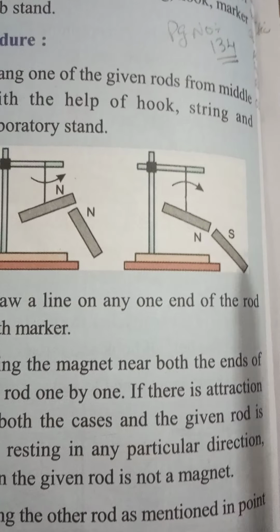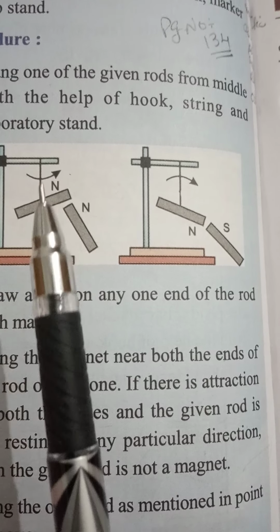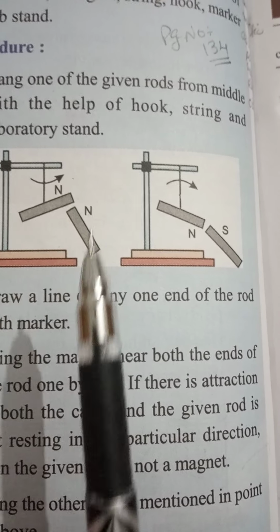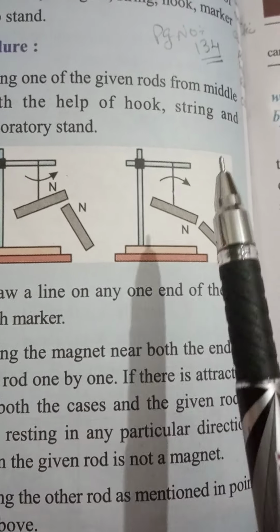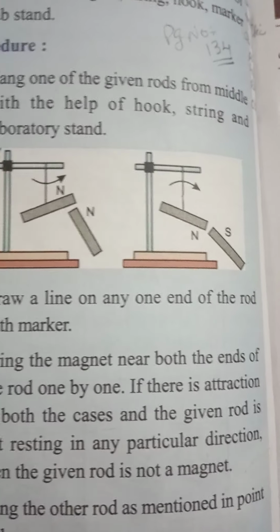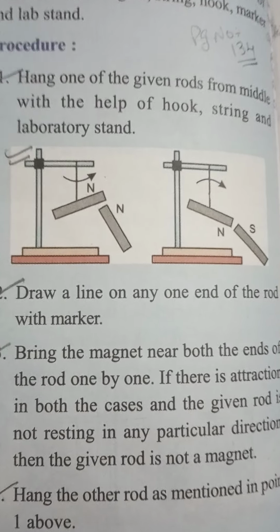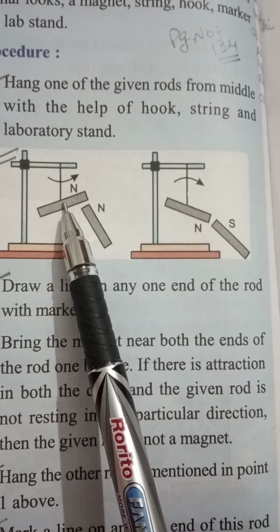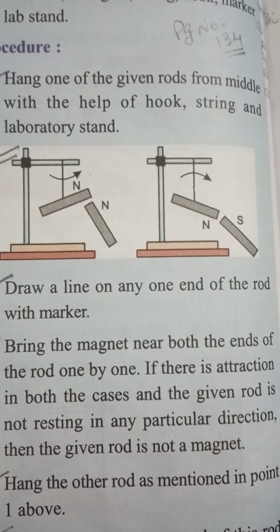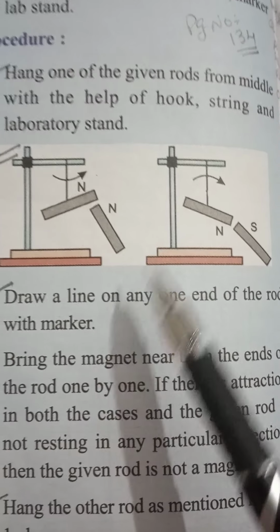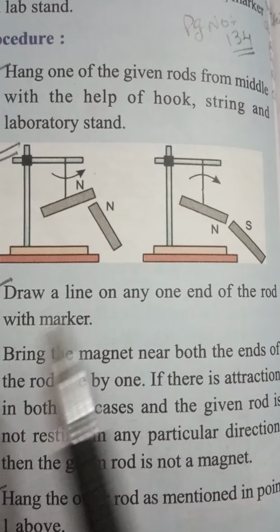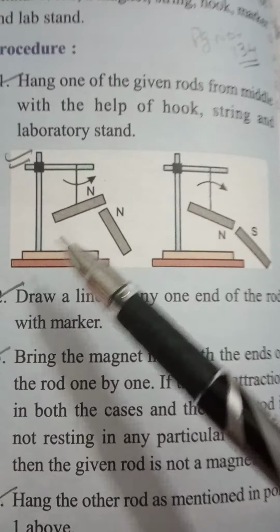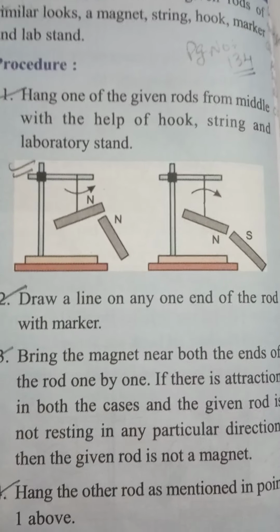First of all, the material required is two given rods of similar look, a magnet, string, hook, marker, and one laboratory stand. Hang one of the given rods from the middle with the help of the hook, string, and laboratory stand. Bring the magnet near both ends of the rod one by one. First this end and after that this end.